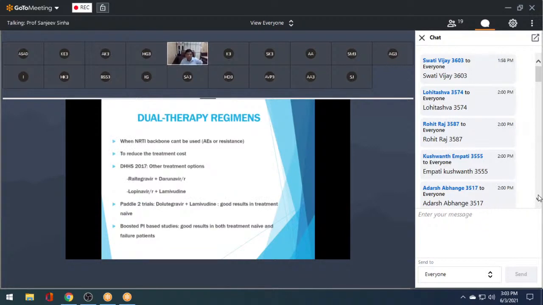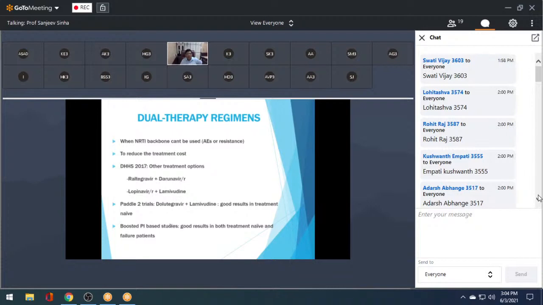So there are some dual therapy regimens also available. As we discussed, the most powerful regimen is a minimum three drug regimen. But there are some regimens people are using as dual therapy also, and there's a drug called raltegravir, and lopinavir-ritonavir combination is a kind of boosting drug, or lopinavir-ritonavir combination with lamivudine.